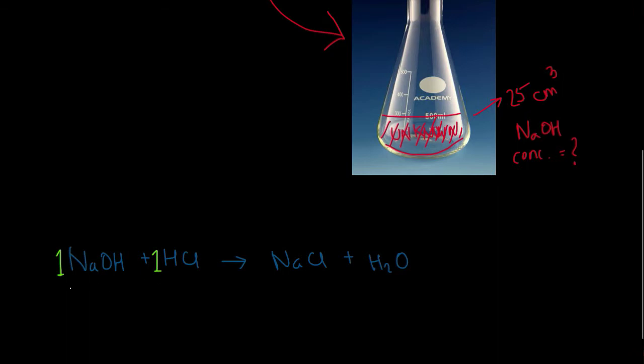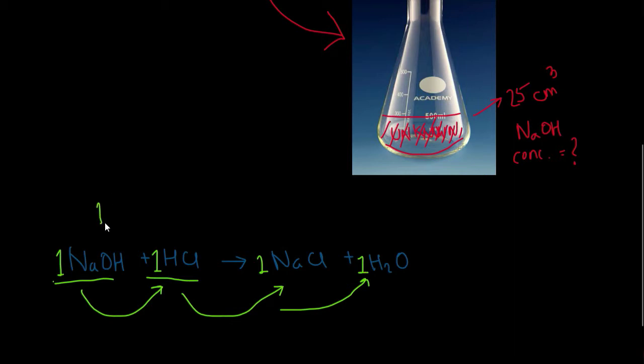So what this tells us is 1 mole of sodium hydroxide is going to react with 1 mole of HCl to produce 1 mole of NaCl and, you guessed it, 1 mole of water. So we know that sodium hydroxide reacts with HCl in a 1:1 ratio.